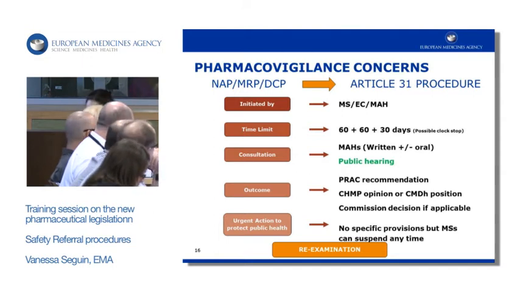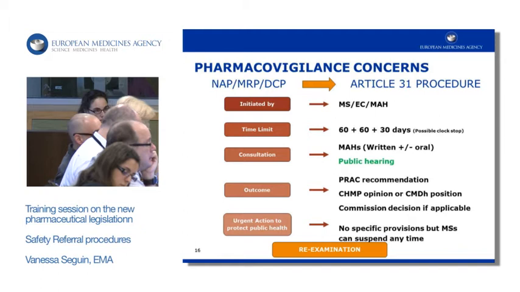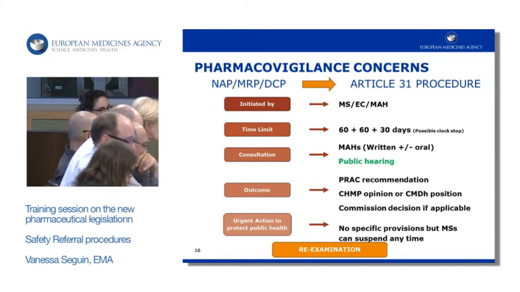There is not a specific provision in the legislation allowing a free participation of all stakeholders. And that's apart from the public hearing, but in terms of written submissions, it's not there. And this is a difference with the Article 107. But yes, public hearing is still a possibility, and there everyone can participate.